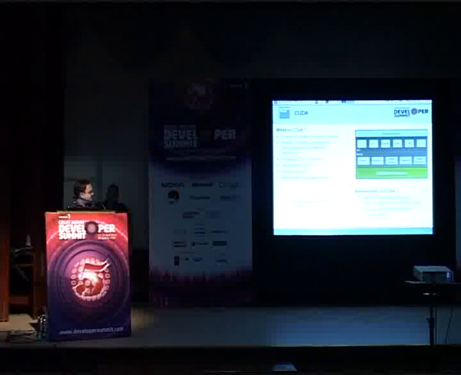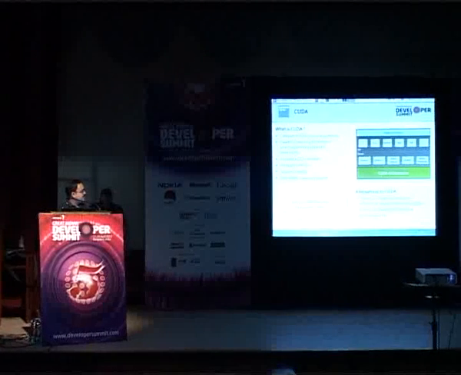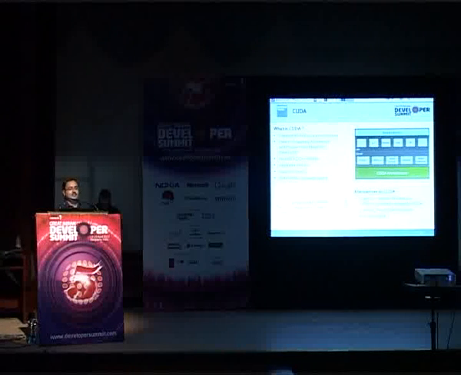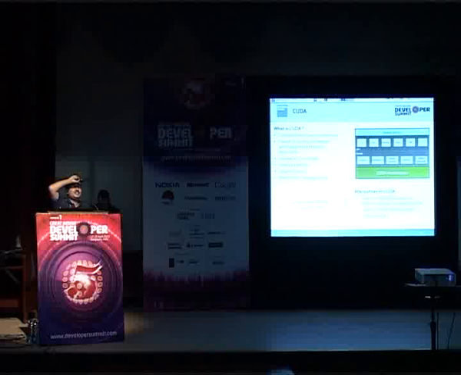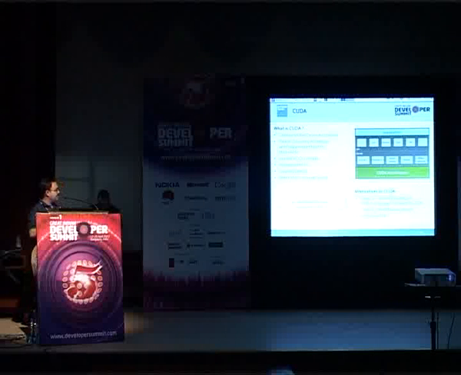So can anyone guess how Shah Rukh Khan and CUDA are related? Have you seen Ra.One? How many have seen Ra.One? Wow, that's quite less. But anyway, in Ra.One, Shah Rukh Khan was wearing this dress, which had all kinds of lights and special effects.